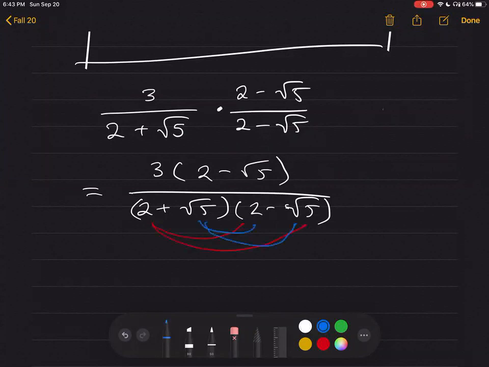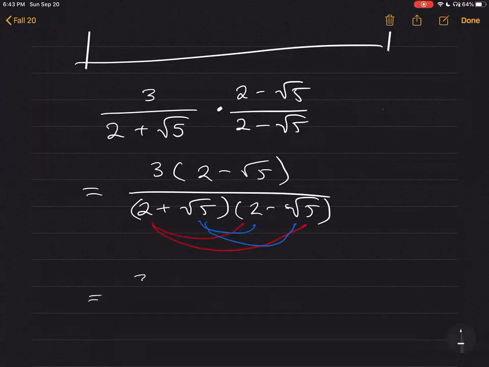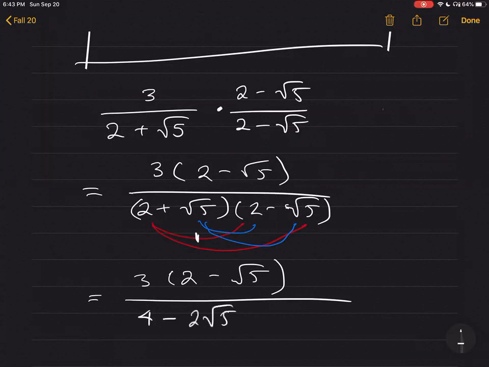So this becomes 3 times 2 minus square root 5, and then, so 2 times 2 for this first red line is 4. Then the second red line is minus 2 square root 5. And then this first blue line is plus 2 square root 5. And the second one is square root 5 times minus square root 5. You can do the exponent rules and all the math and such.